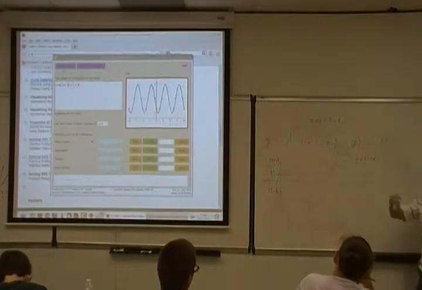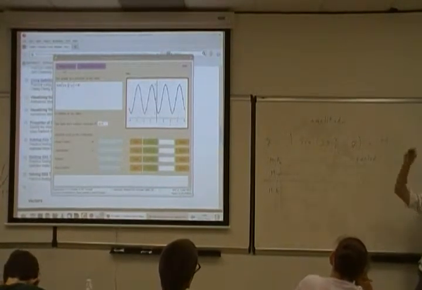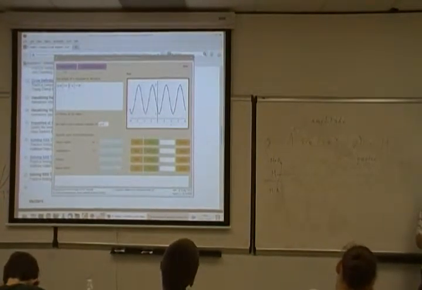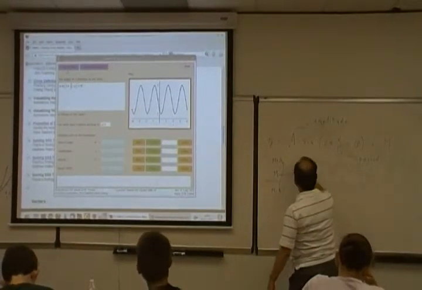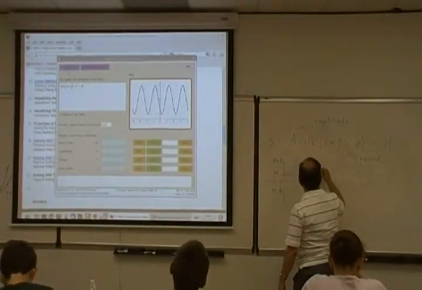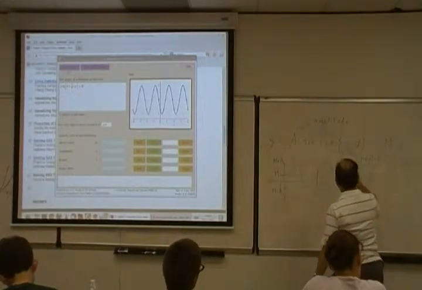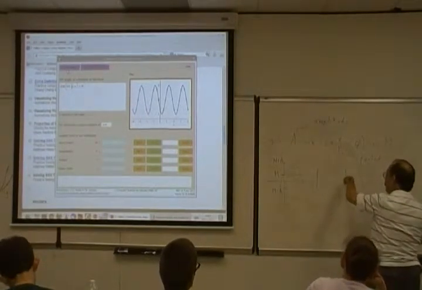And we know that if we go around the circle, adding 2 pi doesn't do anything, right? So if we go from, say, this point here to this point here, that is 1 period.